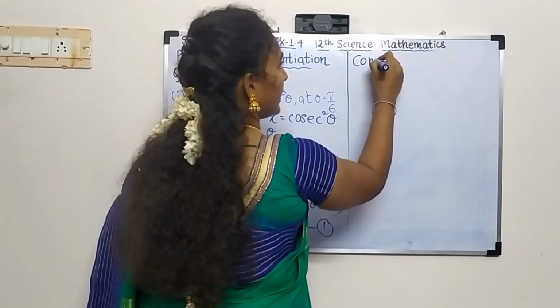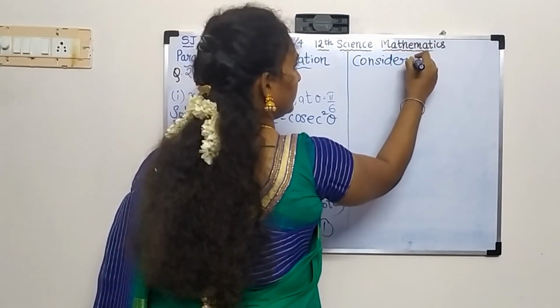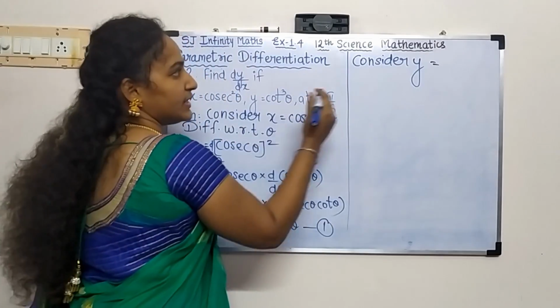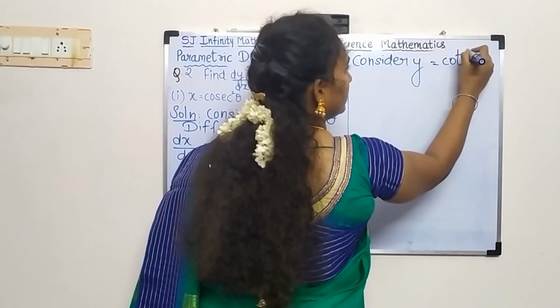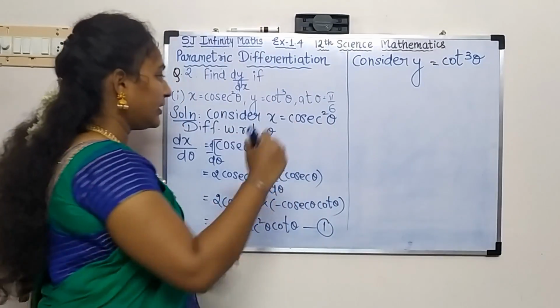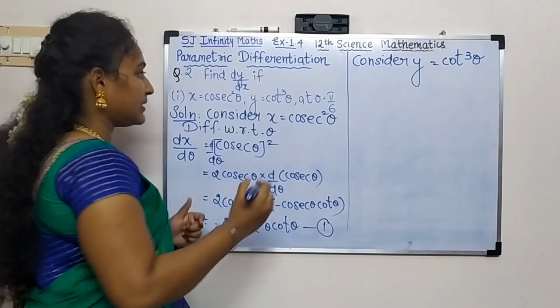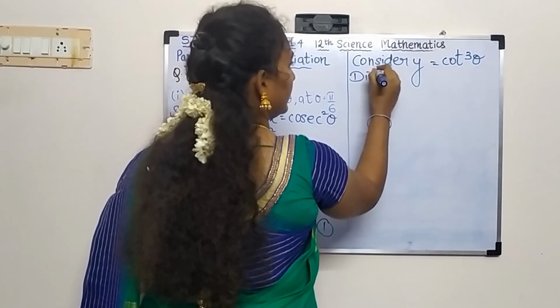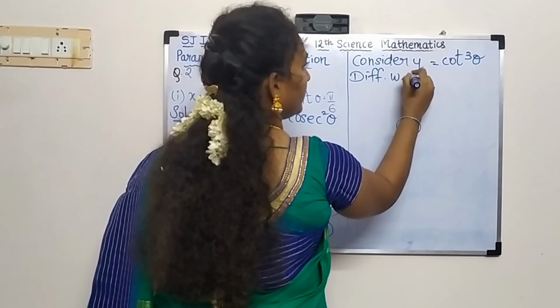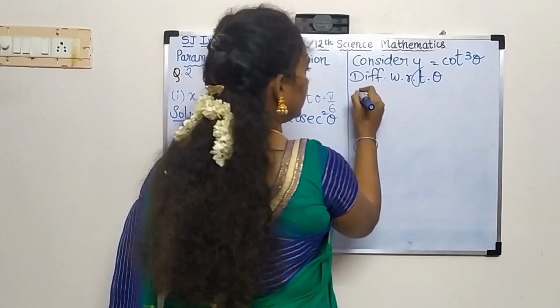Now consider y. y is cot cube theta. Differentiate with respect to theta.